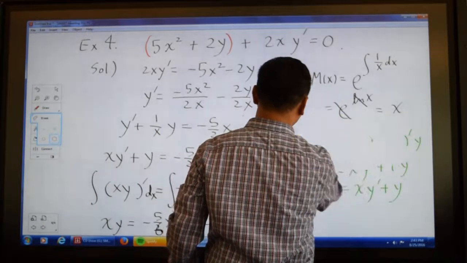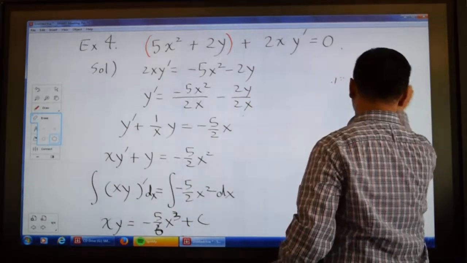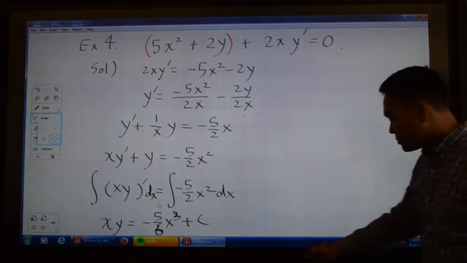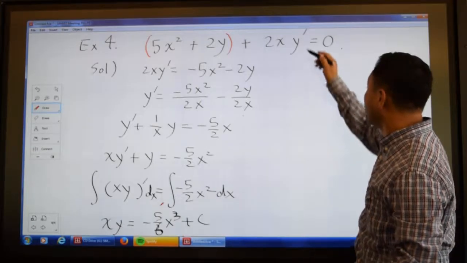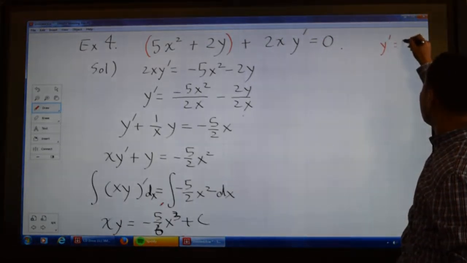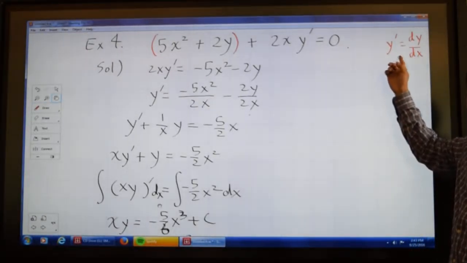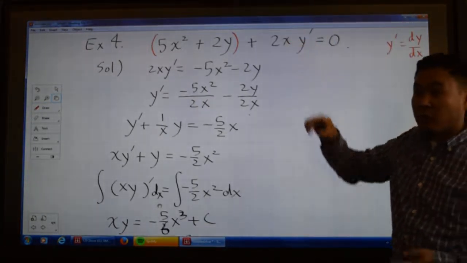Let's erase this part. This is how you think about it. Just rewrite y prime as dy dx, and you multiply dx everywhere. What do you get?